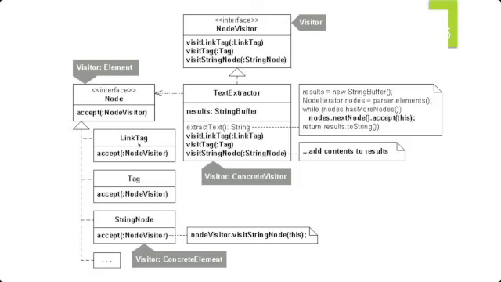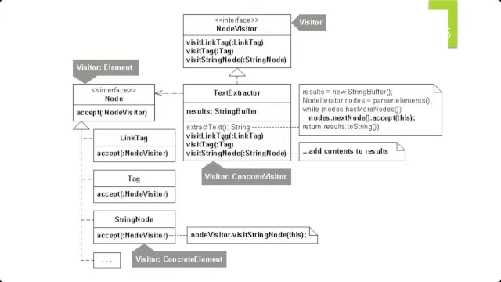Here, if I use link tag, it will be visit link tag. And inside this method, I hide the logic about what information I need to get from my link tag.